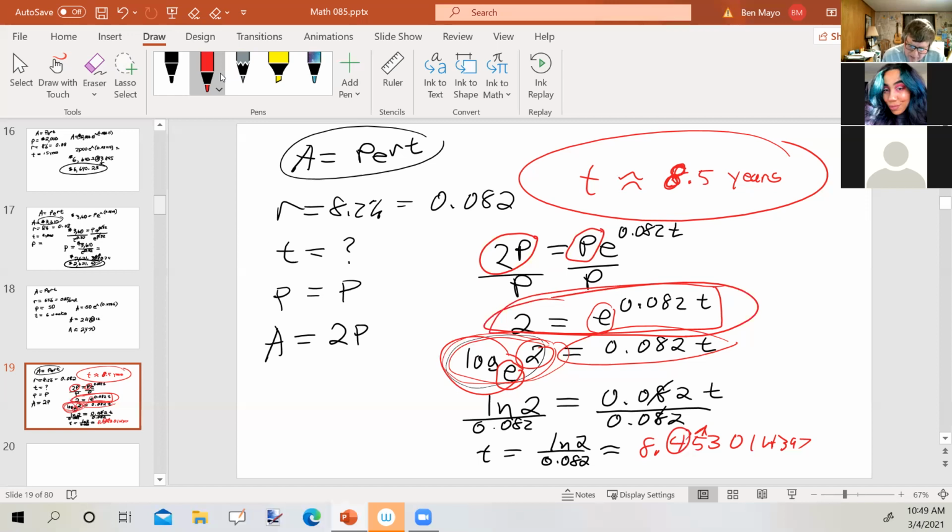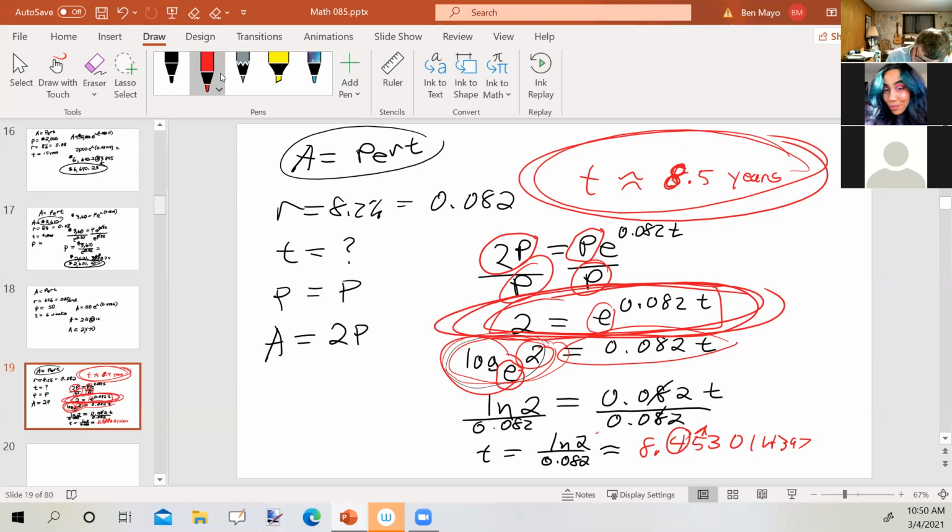Let's say I put in 3,000 for p, with the same growth rate, and the ending population was 2 times 3,000. Would I get the same answer? Yes, because instead of dividing both sides by p, we just divide both sides by 3,000 and we'd still end up with this.